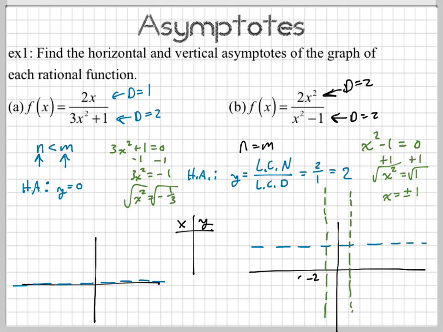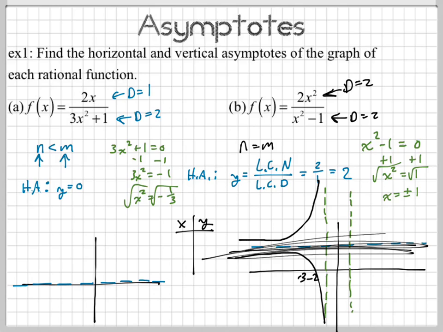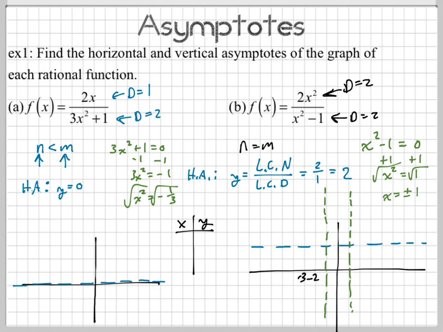And also I'm going to have to pick -3 to get an idea. Because my line's going to look something like this. It's going to go like this, or it's going to go like this. I don't know which side it's going to be on. Is it going to be above my horizontal asymptote, or is it going to be below the horizontal asymptote?